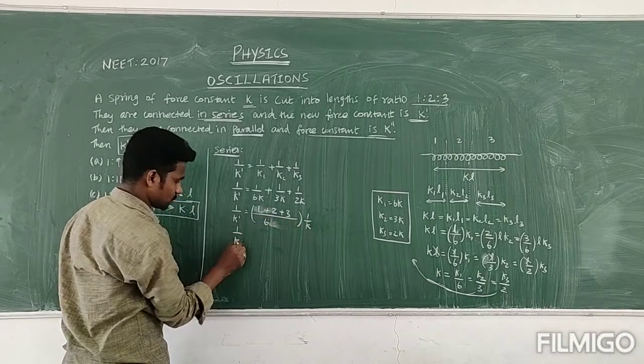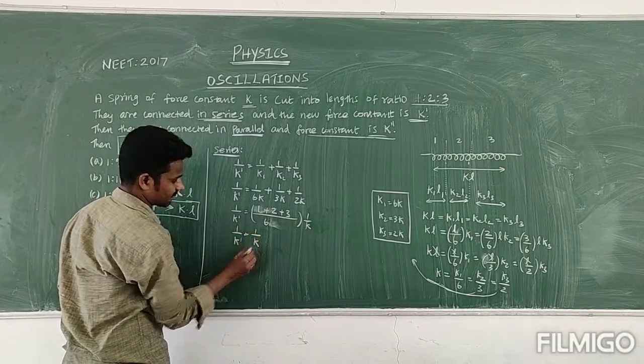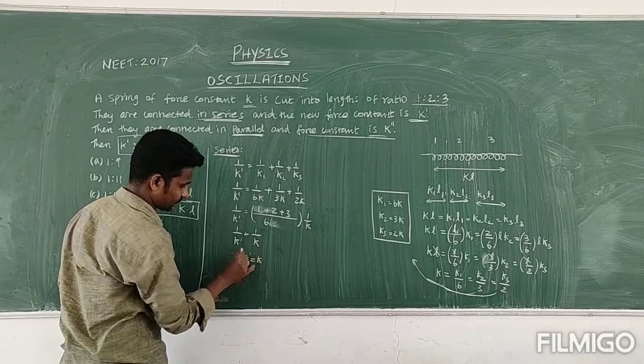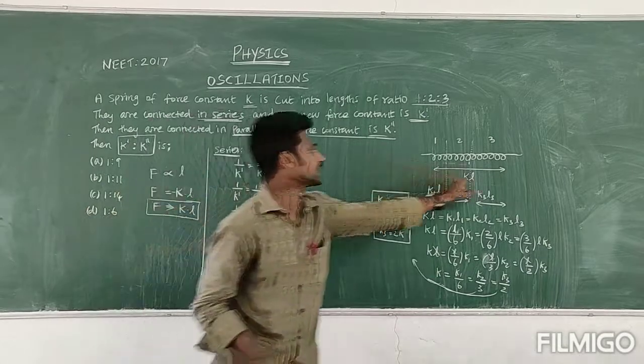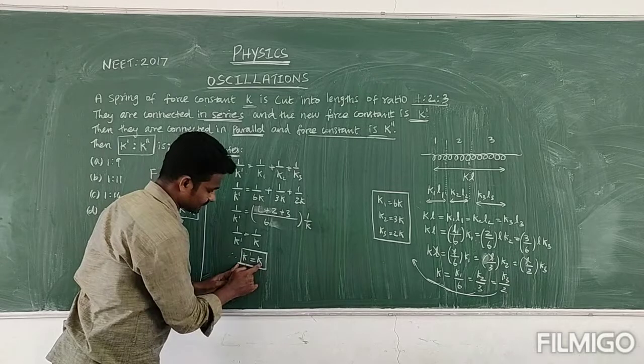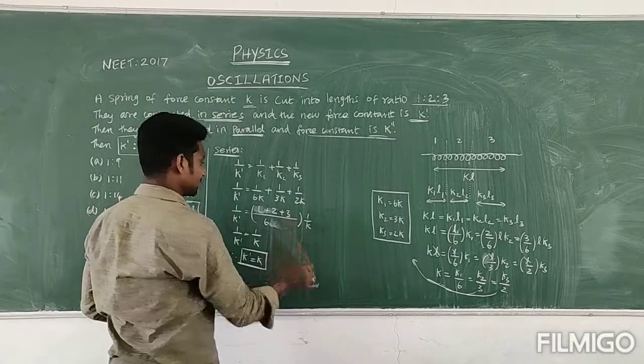So 1 by K dash is equal to 1 by K, therefore K dash is equal to K. Because it is a series connection, we get the same K value.